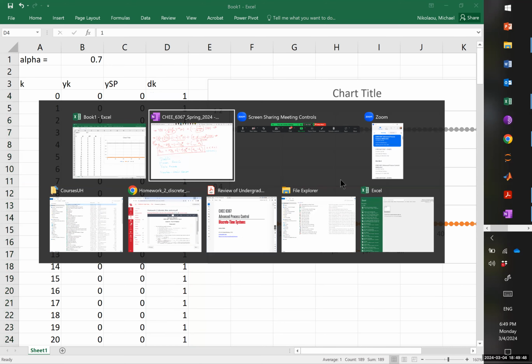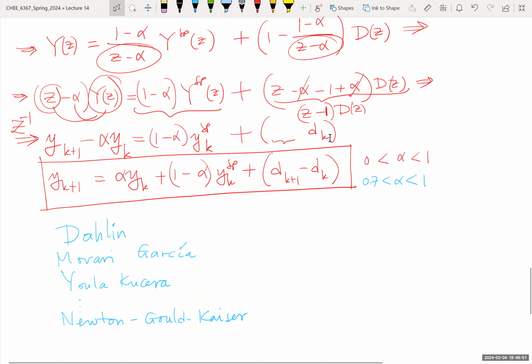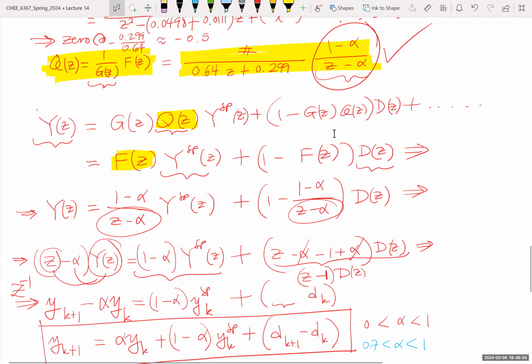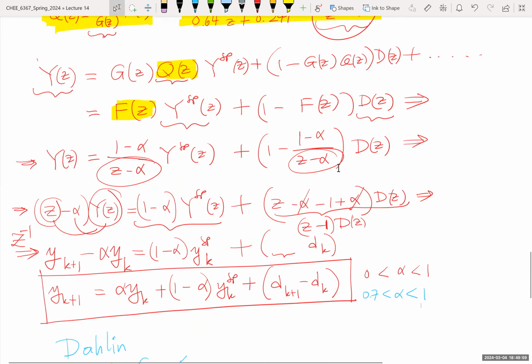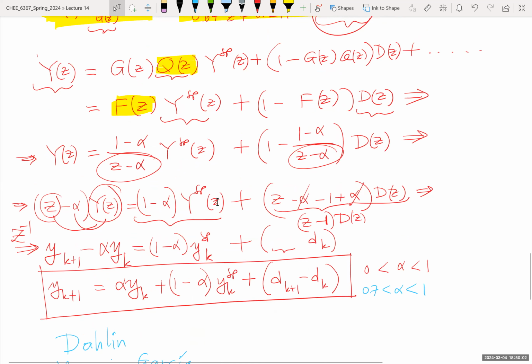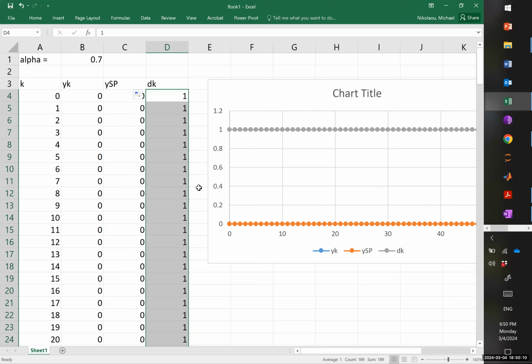Something doesn't look right. I have messed up something. I'll check what I messed up. This shouldn't give me this. It's way too perfect. My set point is this. Is this? It shouldn't give me that.